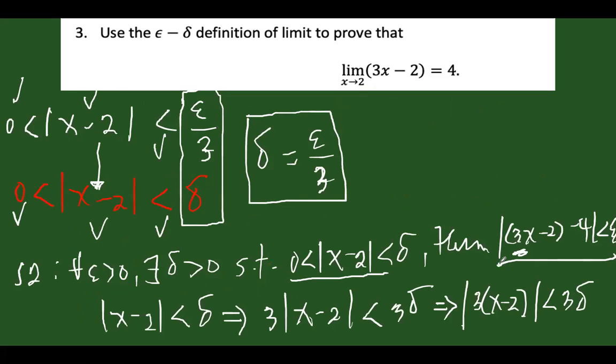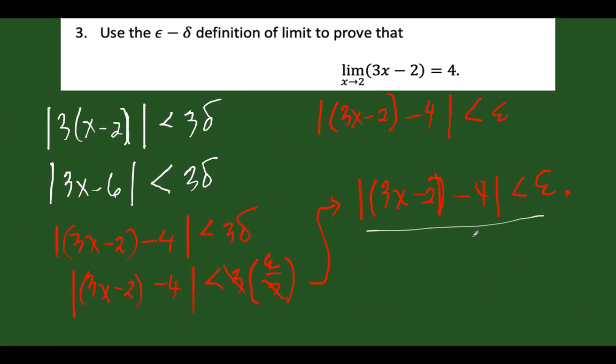We wanted to express it in this manner, and we did that with this. So therefore, we can now say that the limit of 3x minus 2 as x approaches 2 is equal to 4. Therefore, the answer is really 4, using the epsilon-delta definition of limit.